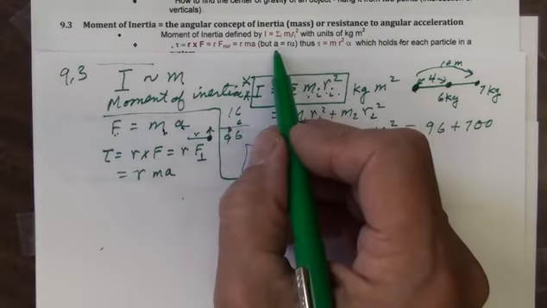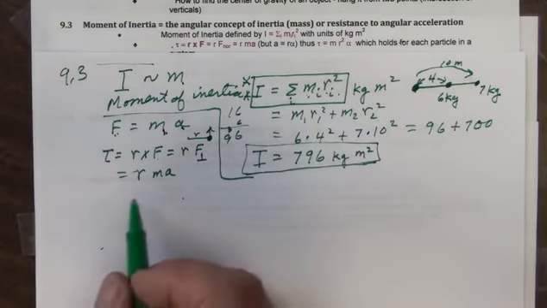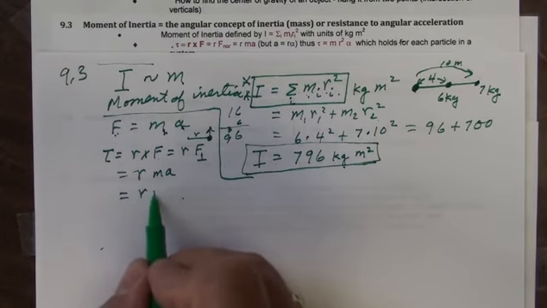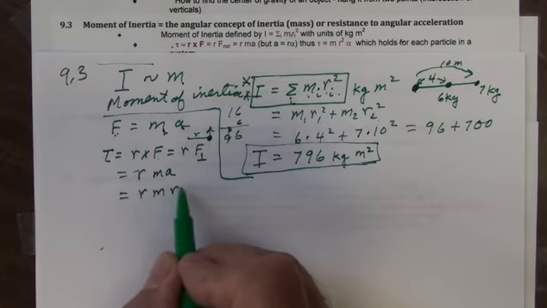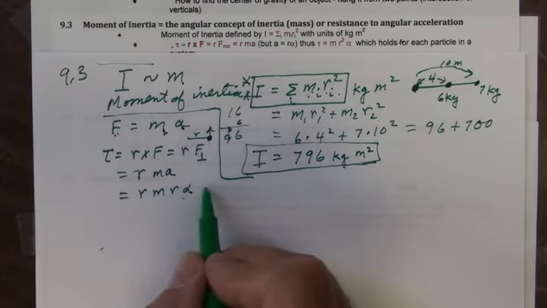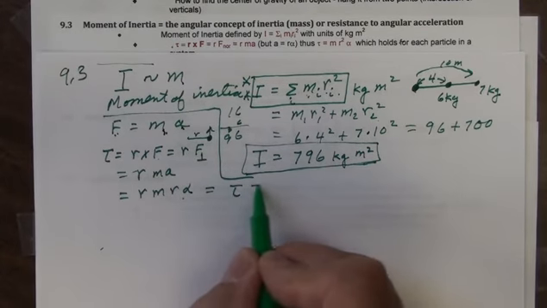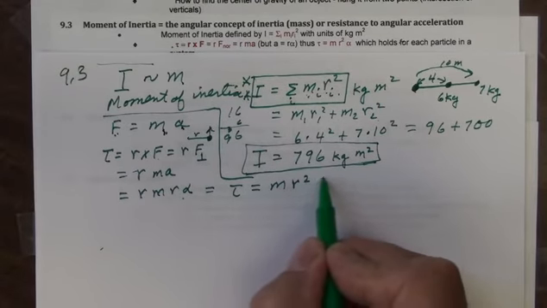But we recall that the acceleration is r times alpha. So this is r times m times the acceleration, which is r times alpha. And now the torque is equal to m times r squared times alpha.